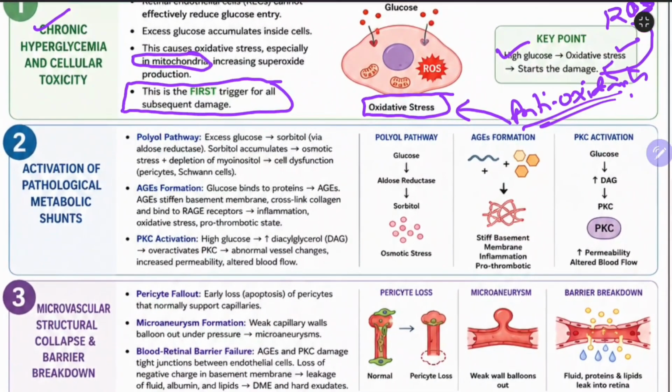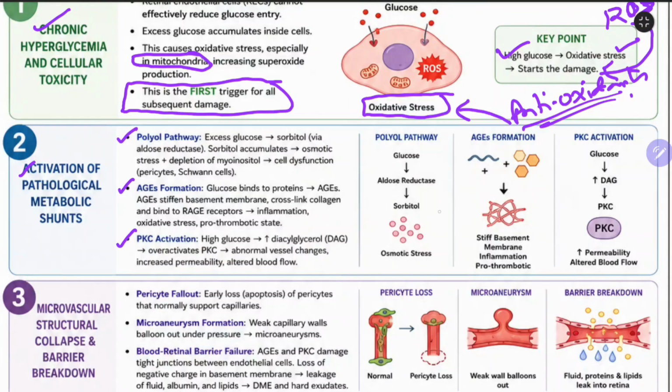Okay, then there will be activation of pathological metabolic shunts. These are also discussed. These also play a role in diabetic kidney disease. We have discussed the polyol pathway, where sorbitol accumulates and causes osmotic stress, the advanced glycation end products formation, and protein kinase C activation.